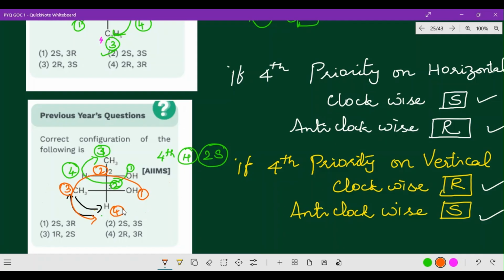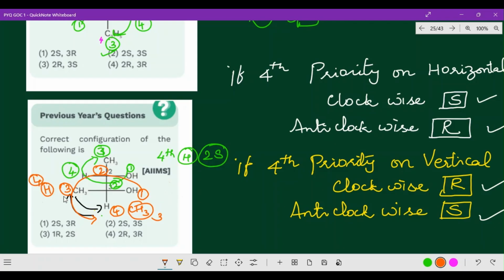Why? Because the fourth priority is on the horizontal line, but we are doing a slight interchange. Why are we doing the interchange? Because it is away from the viewer. So we do a slight interchange of CH3 and H. The hydrogen group will come here and the CH3 group will come here, so automatically 3 and 4.